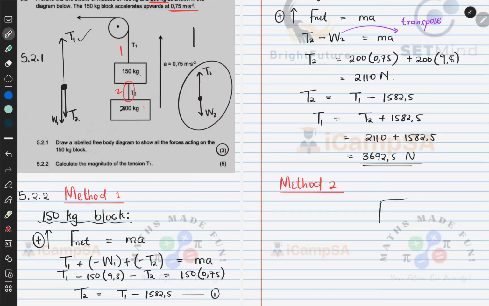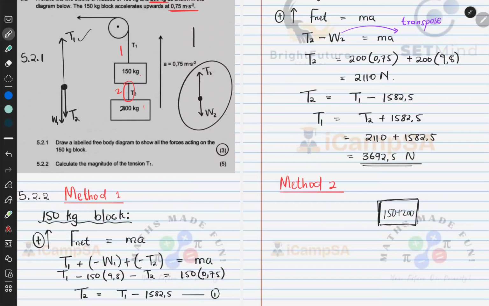You combine it to have one big block that is made up of these two masses. So this one big block has 150 plus 200, which is the mass of these two blocks combined.